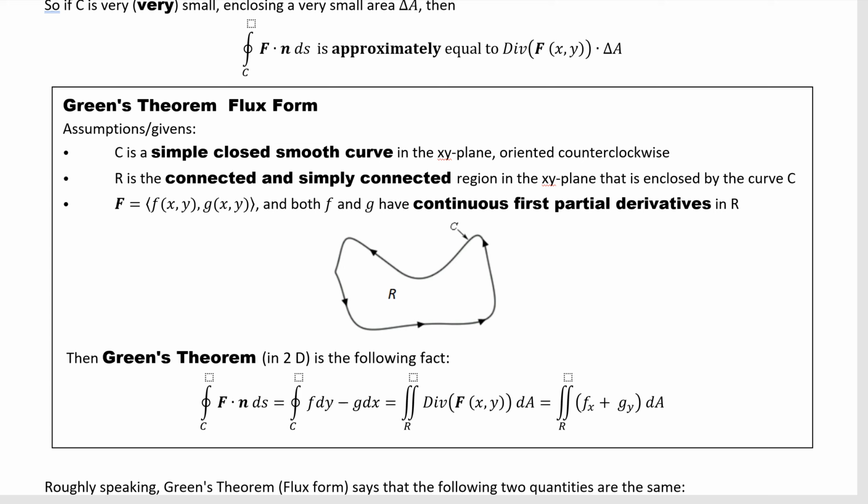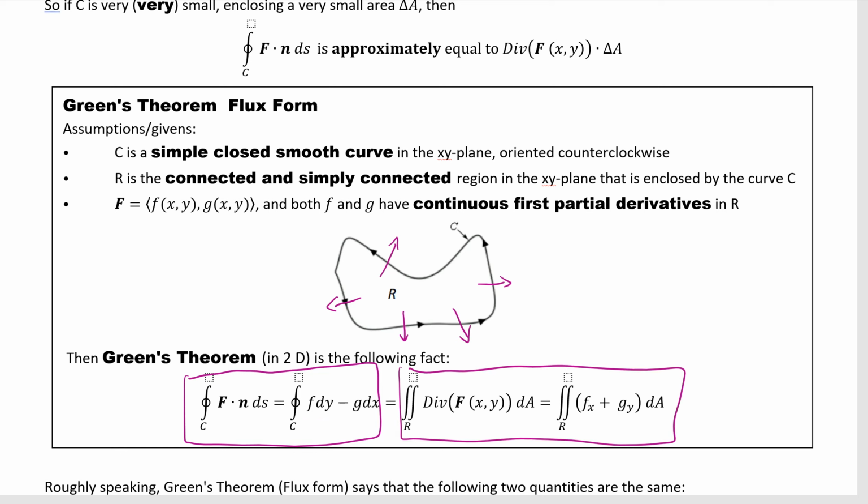The flux, remember, measures the vector field flowing from the left to the right across the curve. That equals the double integral of the divergence. Remember, divergence measures the vector field flowing out. This is how we calculate the flux integral: F dy minus G dx. And for the double integral, the divergence is Fx plus Gy. So far so good, everybody?